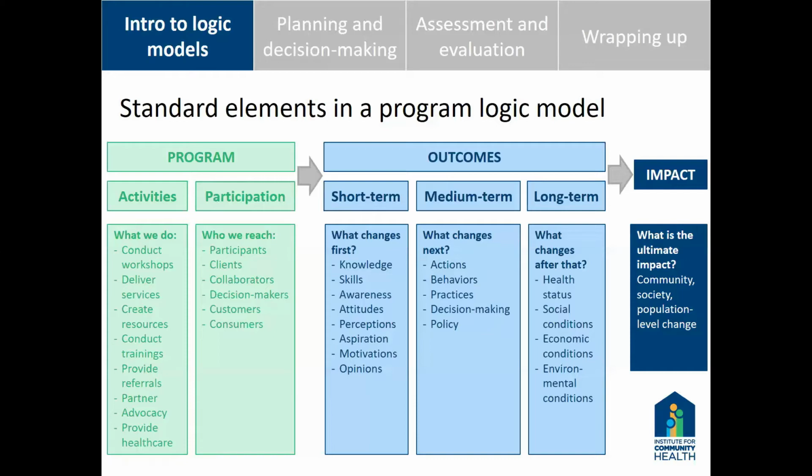And the changes in behaviors, changes in policies, changes in things that are being done, then ultimately lead to the long-term outcomes, which are ideally changes in health status, social conditions, environmental conditions, economic conditions. And ultimately that leads to the impact, which is a pretty broad, almost vision-y way of describing what you're trying to achieve, and it's often articulated at a community, society, or population level change.